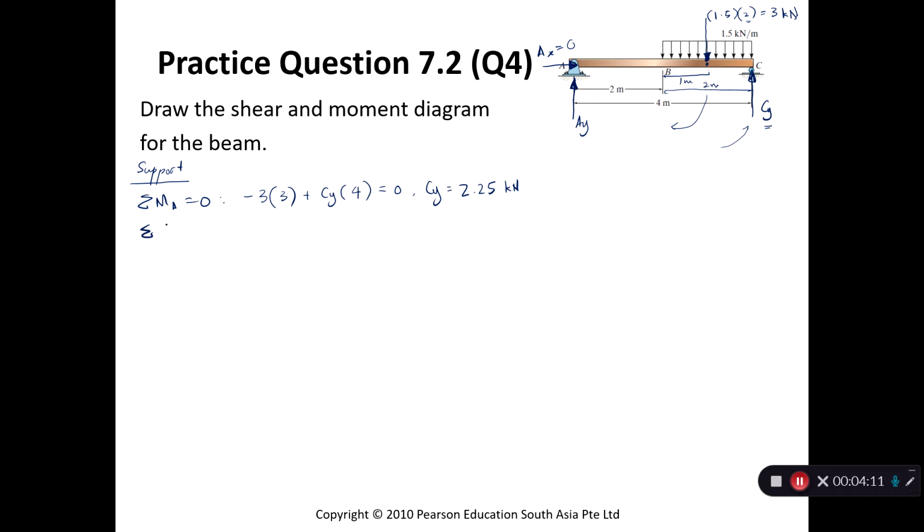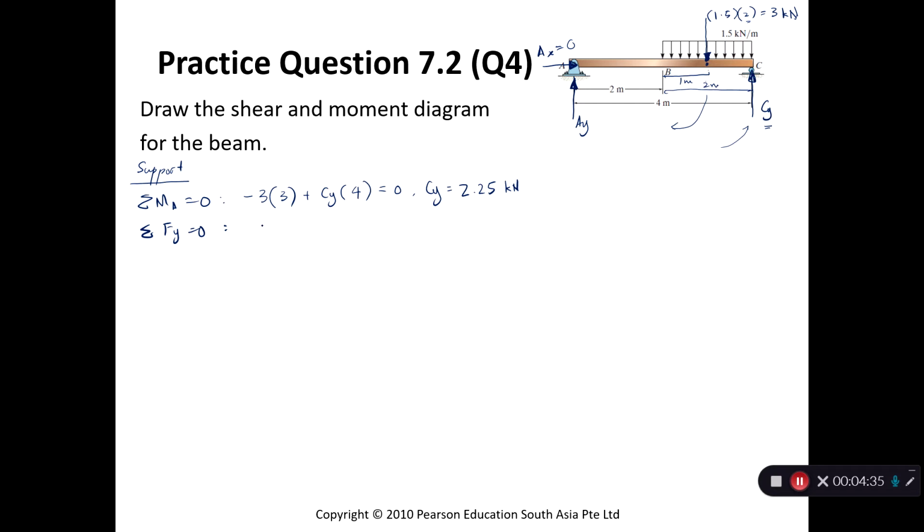Now we can find AY. So the three forces that we have are AY, distributed load, and CY. So treat the distributed load the same way as you would treat any vertical force here. So we take the concentrated load, which is 3 kilonewtons.